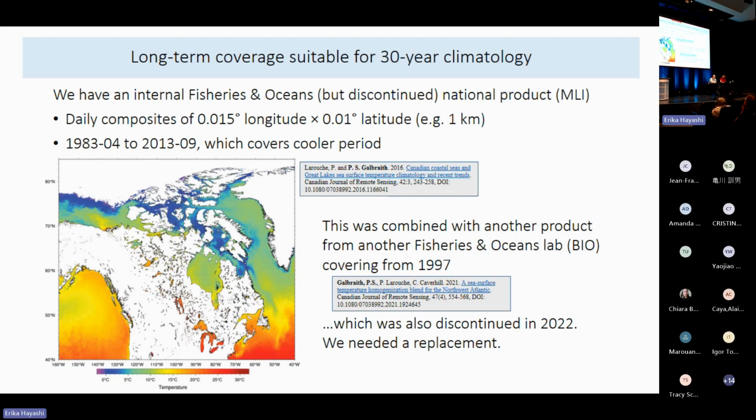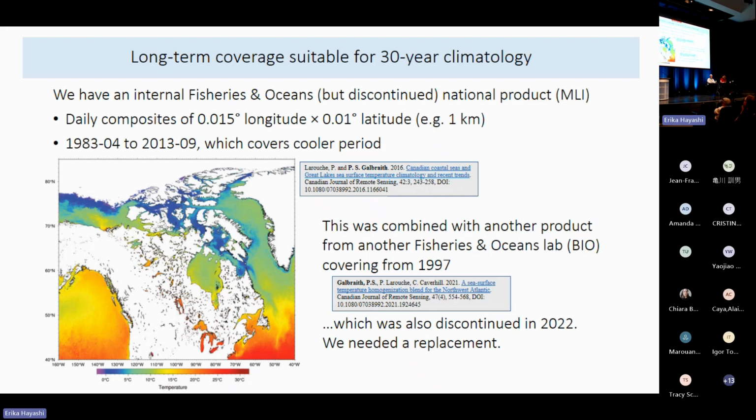By then, another DFO, Fisheries and Oceans, institute in Halifax was producing their own SST product, and so I started blending them together. By sheer luck, I published the blend in 2021, and a year later someone retired and they stopped making it. So we went on a hunt for something new, and this is where your community comes up.